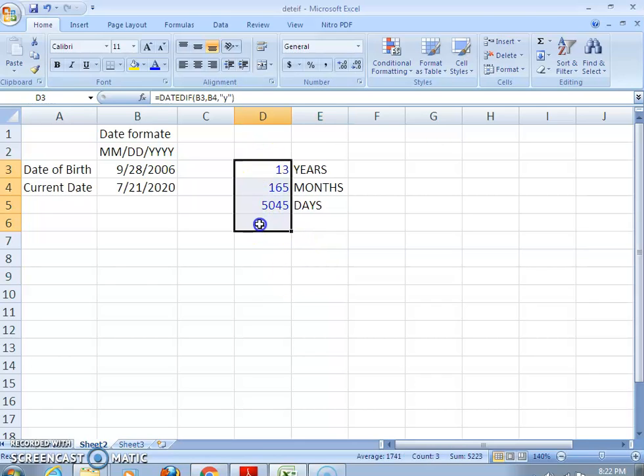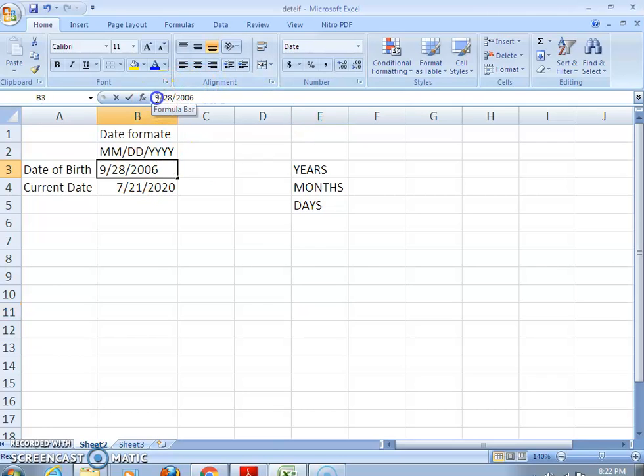Suppose anybody wants to calculate his present age using this function, how can he do it? Let us see. Suppose somebody's date of birth is July 1st, 1971, and today's date is July 21, 2020.